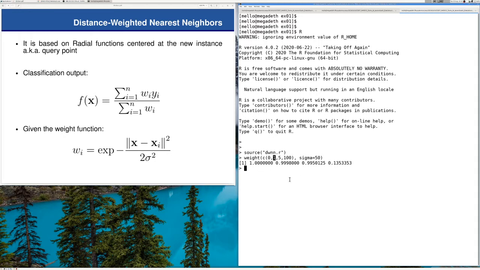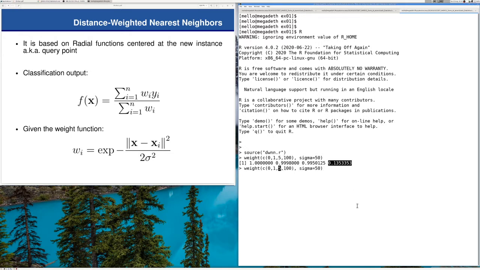This guy is close enough, but it's not 0. So it's going to give a smaller importance, but quite close to 1, as you guys might notice. For 5, it's going to give this, and of course, for a very far point, it's going to be quite small.